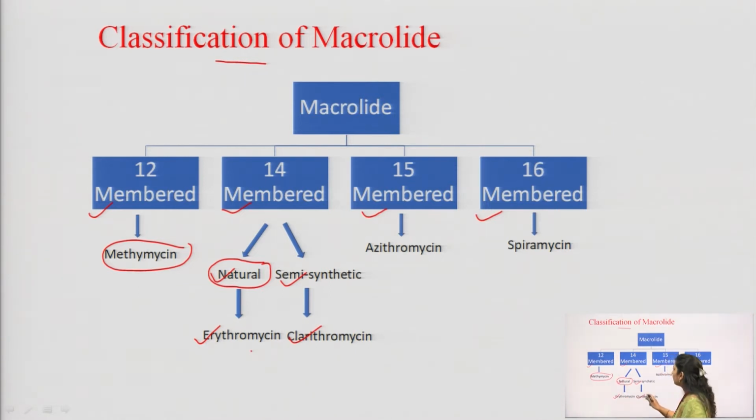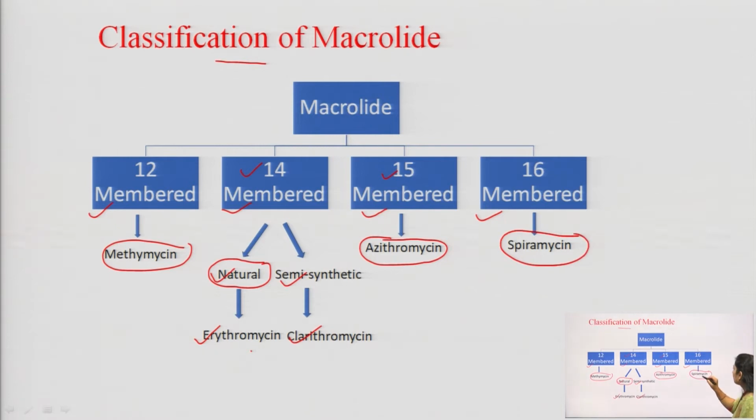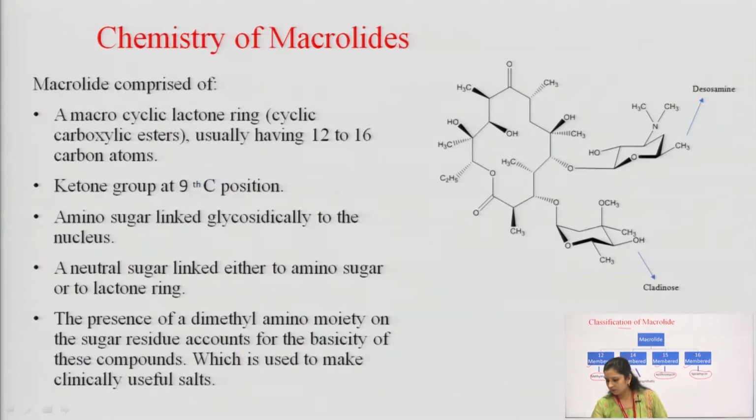Erythromycin and clarithromycin come under the 14 membered compounds, and azithromycin is a macrolide in which 15 atoms are present. In the same way, spiramycin contains 16 atoms in its structure. So, we will discuss one by one.